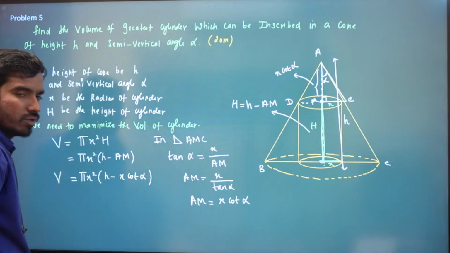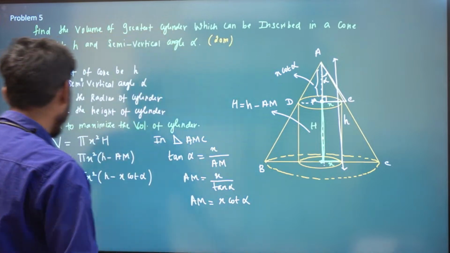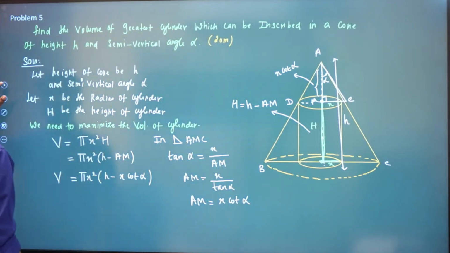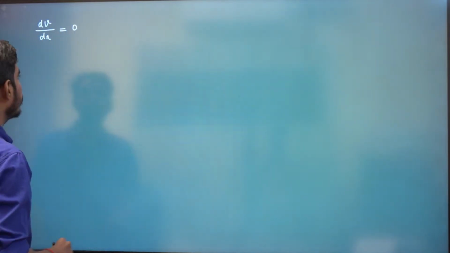Very simple, right? So find critical points. We will find dV by dx equal to 0, because maximum or minimum occurs only at critical points.